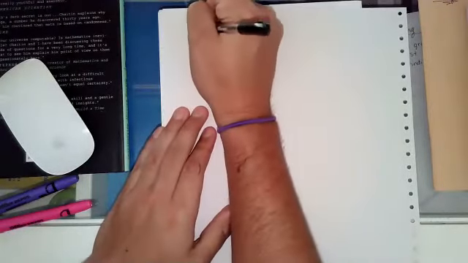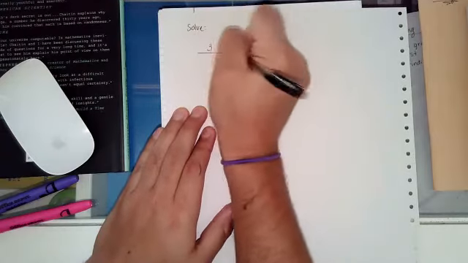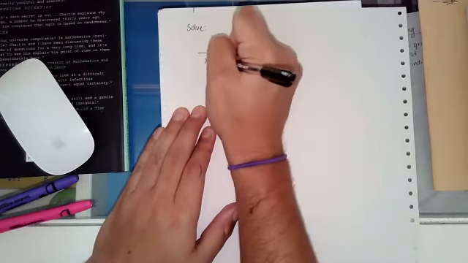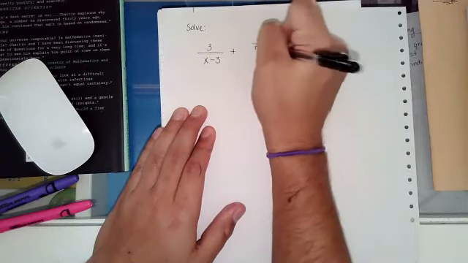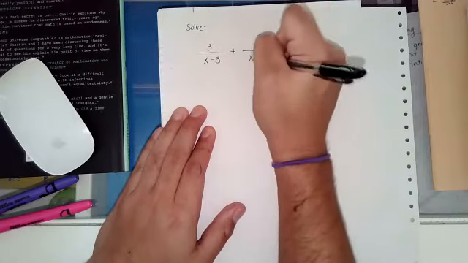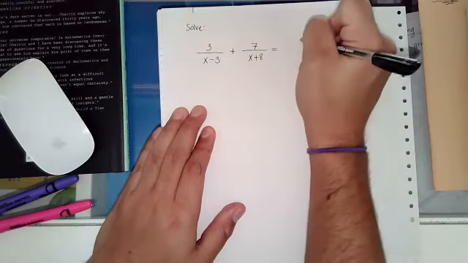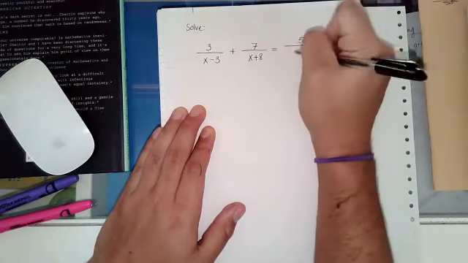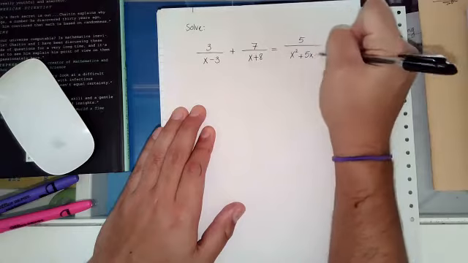We want to solve 3 over x minus 3 plus 7 over x plus 8 is equal to 5 over x squared plus 5x minus 24.